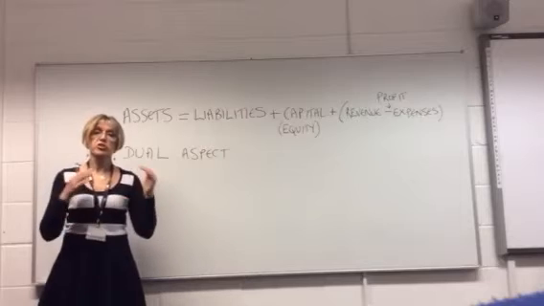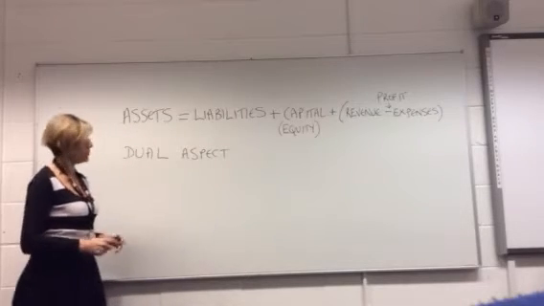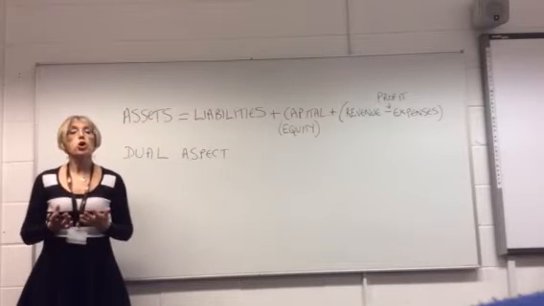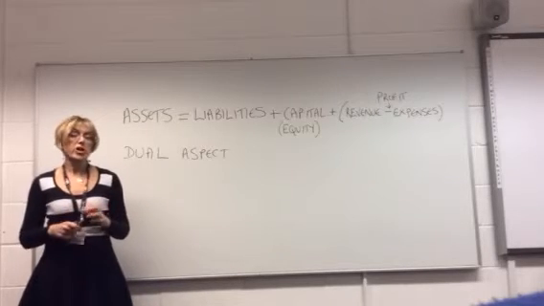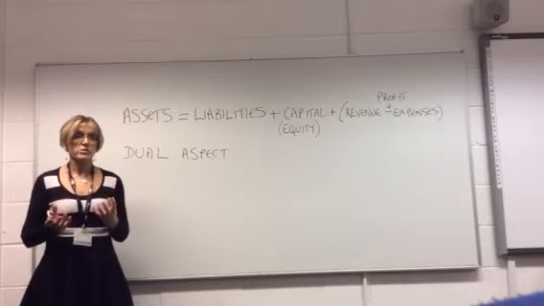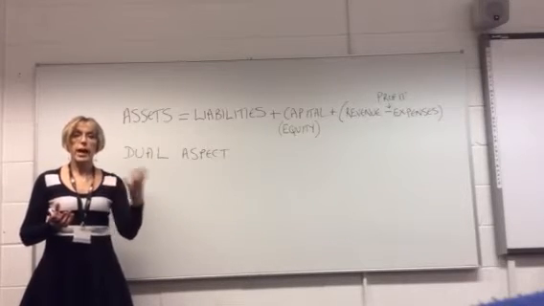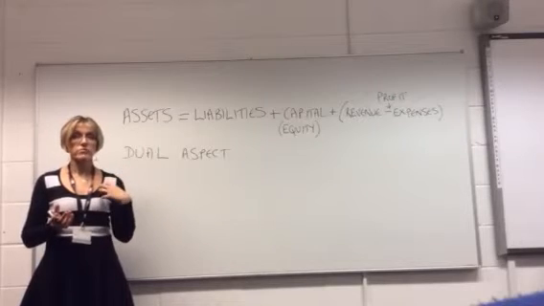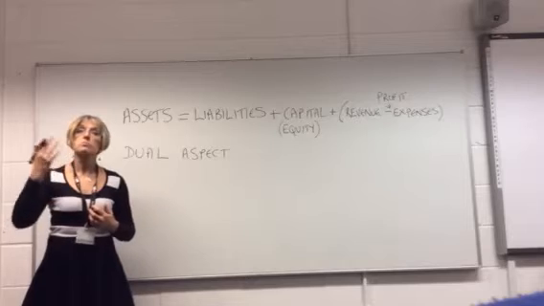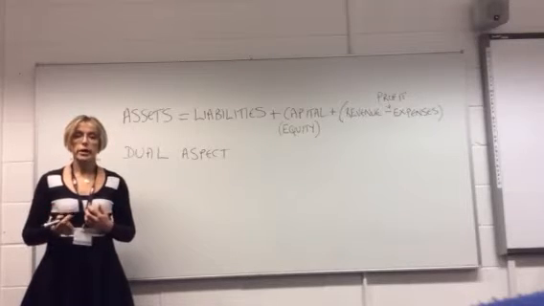That's where the idea of double entry bookkeeping comes from. So if a company buys a car and pays for that car with money at the bank, there are two effects. The company has a car, it receives a car, and the company gives the seller of the car some money out of the bank account.